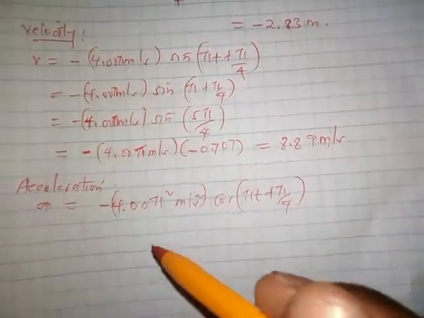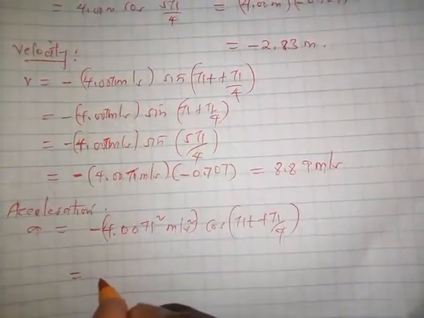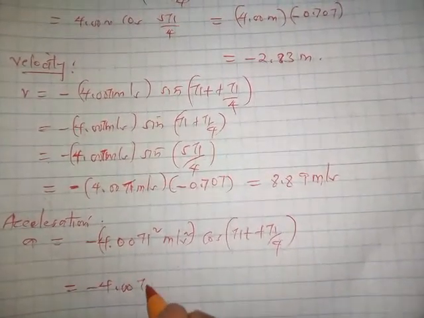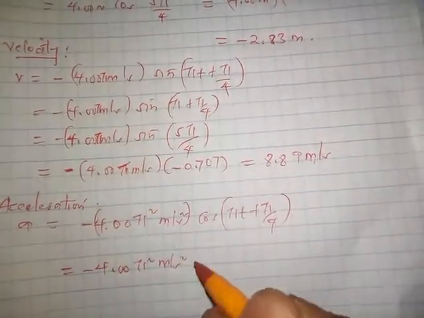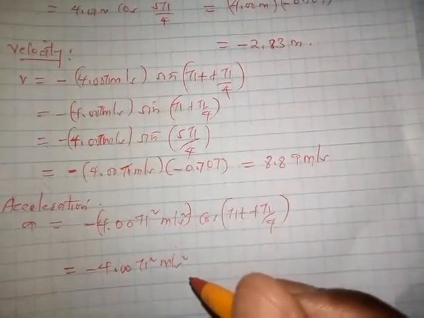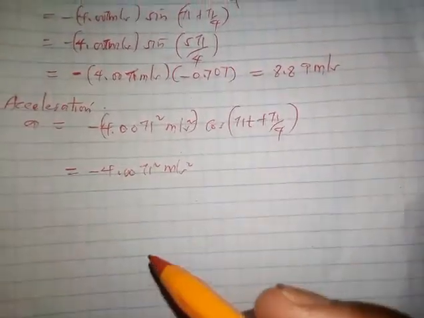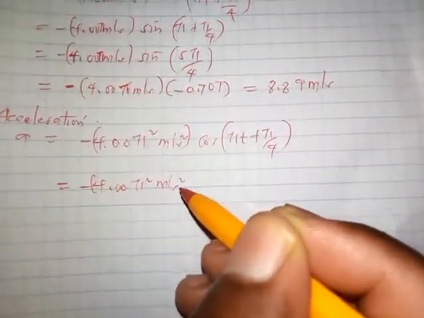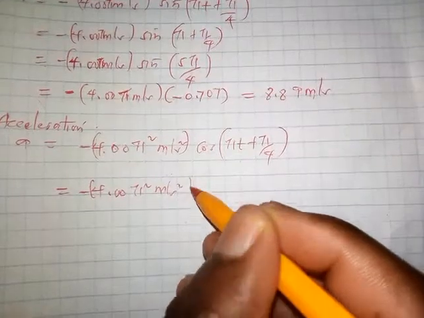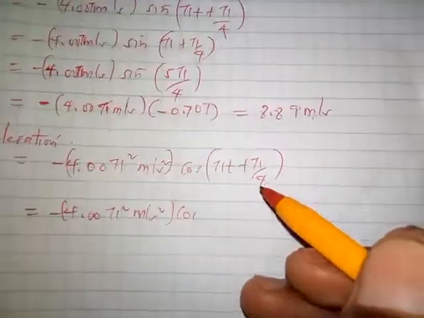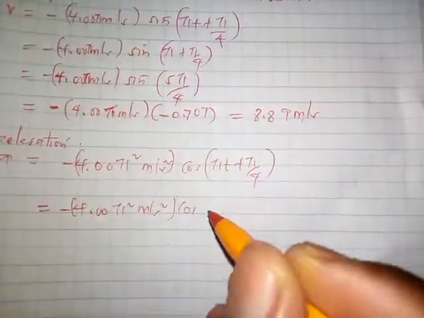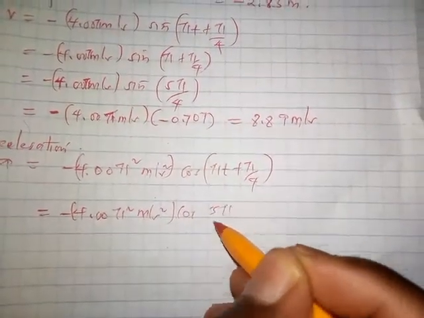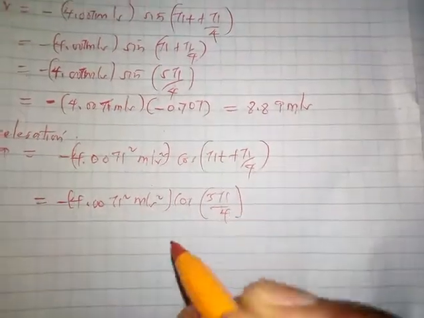Substituting t with 1, we get a to be negative 4.00 pi squared meters per second squared cos(pi plus pi over 4), which is 5 pi over 4.